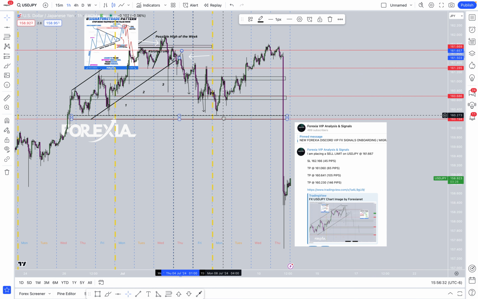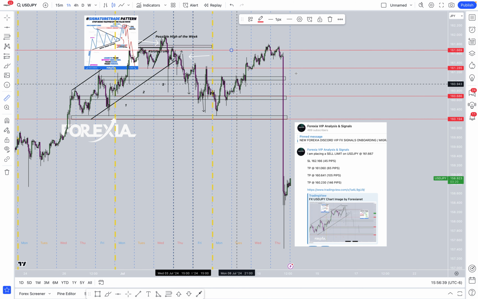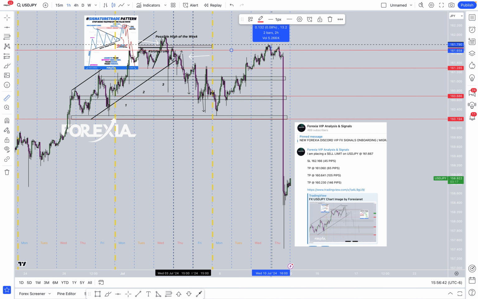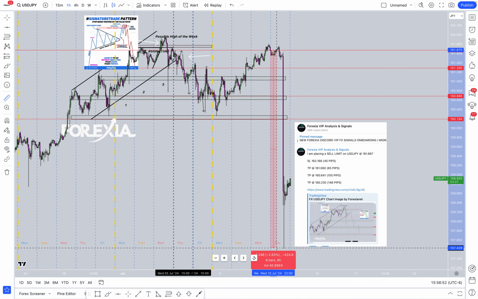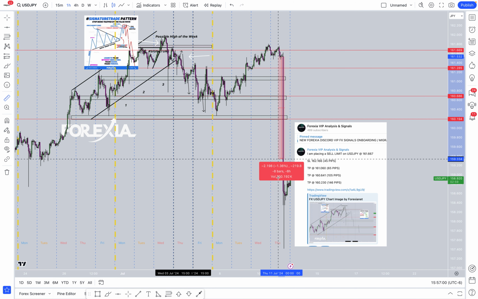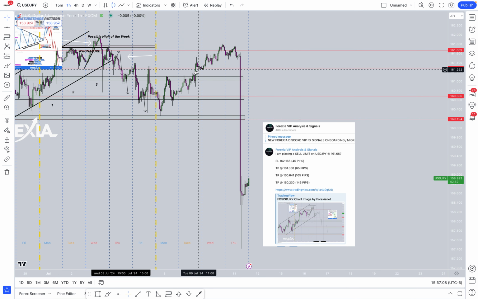Then price reversed back up to our entry level and went back into drawdown about 14 pips. From there it dropped. The entire move was about 426 pips from our entry level. This single candlestick on the 1 hour time frame moved about 320 pips, just about.